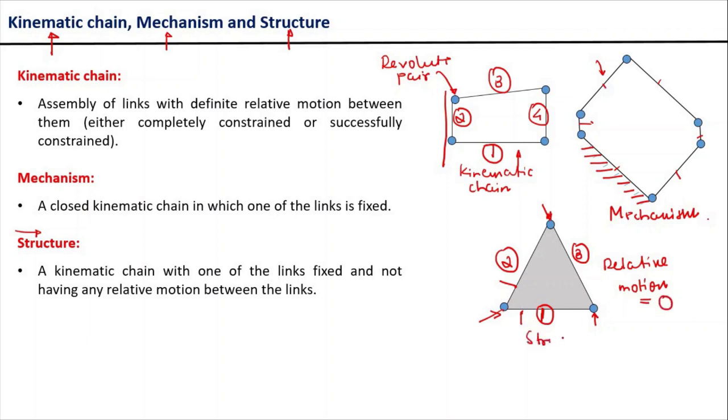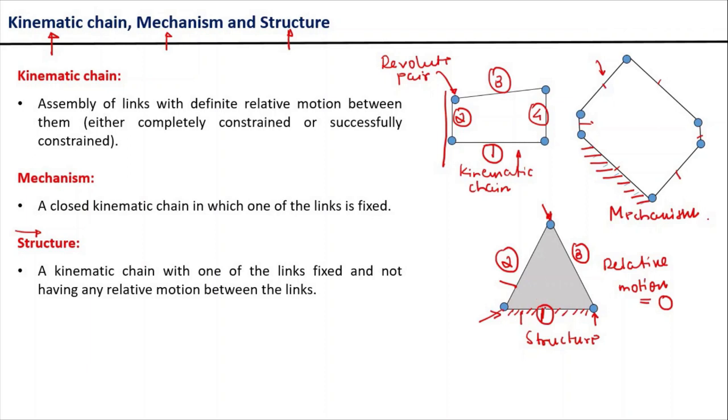So this will become a structure, but you have to remember, a very important point, that if it is a structure, then it has to be fixed in space. So again, we are simply going to fix one of the links. As you remember, you can refer to the definition of a link also.